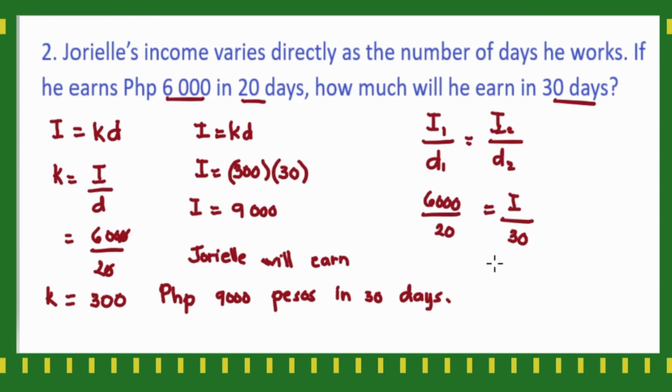Lowest term first, or divide. 6,000 divided by 20, that will be 300 over 1, or 300. But I need a fraction, so I made it over 1. It's equal to I over 30. I comes first, so we have 1I is equal to 300 times 30 is 9,000.